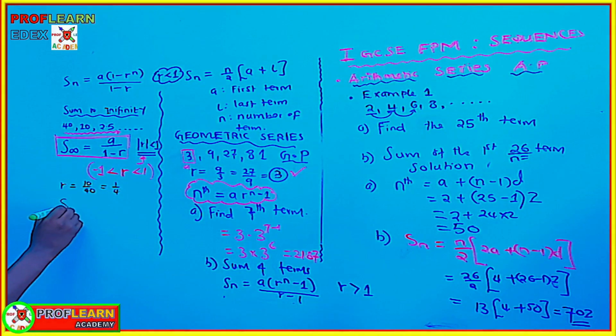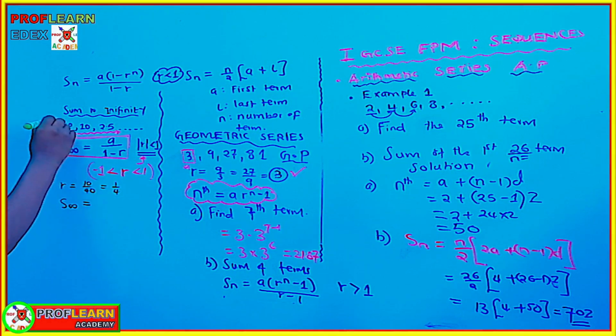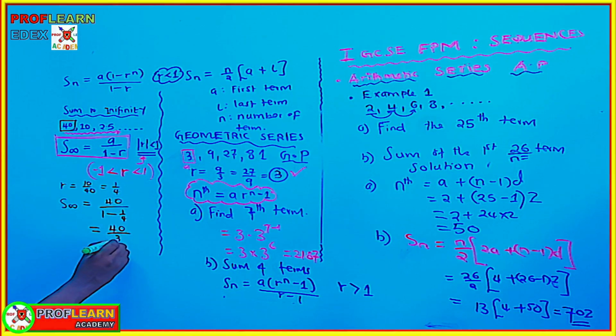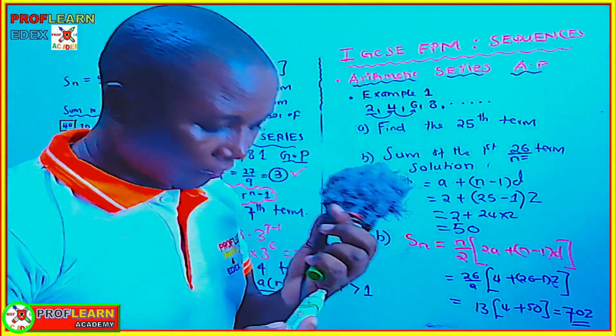So the sum to infinity for this one is going to be, what is the first term here? The first term is 40. So we are going to say 40 divided by 1 minus r, and our r is 1 over 4. So if we work it out, we are going to get 40 over 3 over 4, and this is going to translate to 160 over 3 as the sum to infinity.